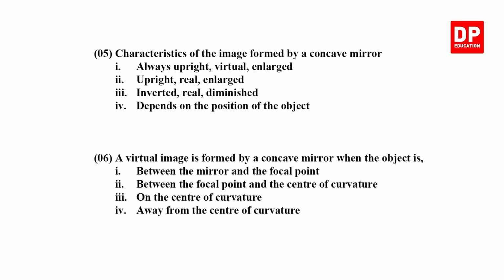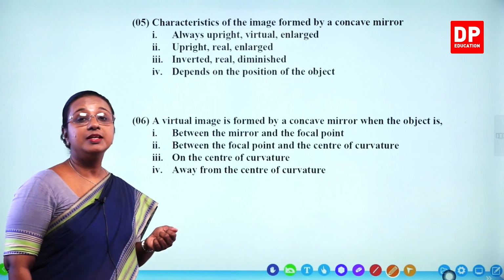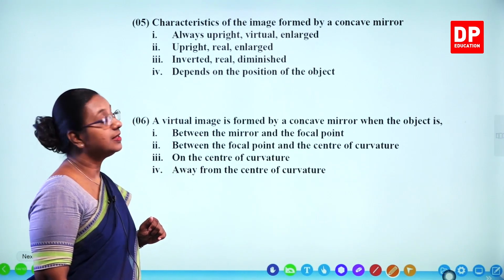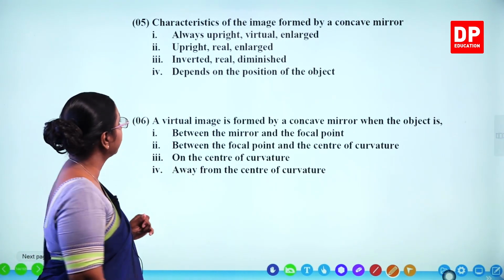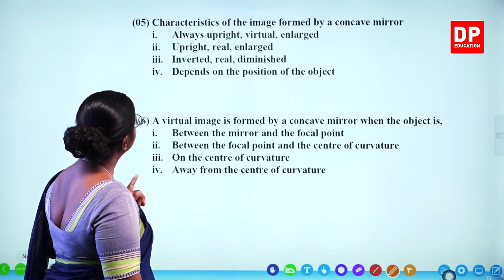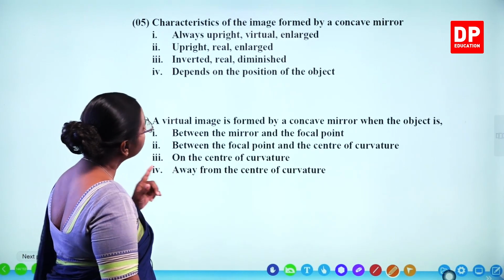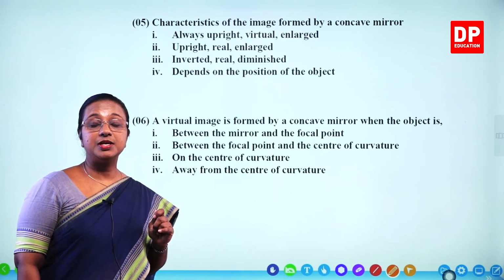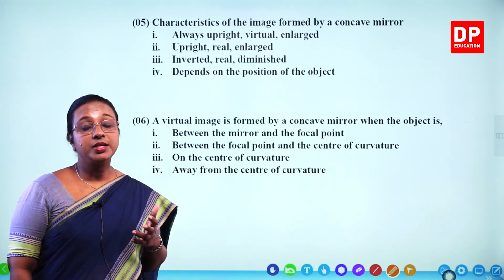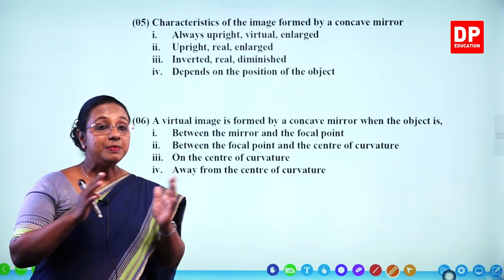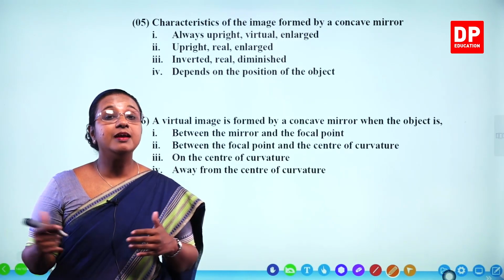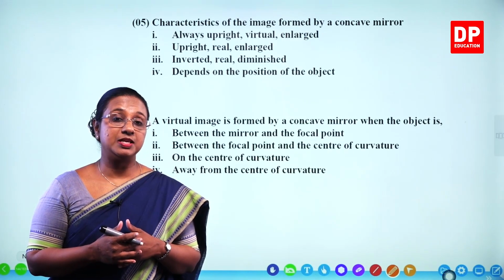Characteristics of the image formed by a concave mirror. Again, look at the optical device. It's a concave mirror. Always upright, virtual, enlarged? Now, you can remember, students, what type of an image is formed by a concave mirror. When we place the object at different positions, you get different types of images.